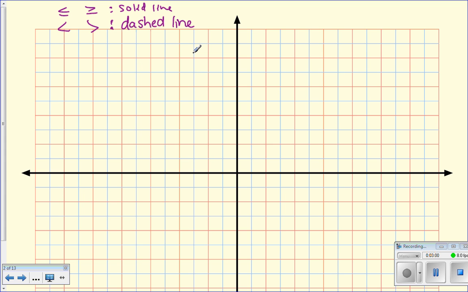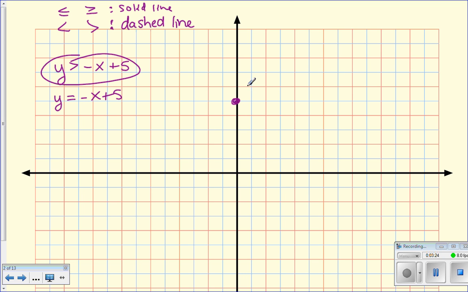Say that I wanted to graph the region y is greater than negative x plus 5. So this is what I want to graph. I'm going to treat it like y equals negative x plus 5, which has a y-intercept of 5: 1, 2, 3, 4, 5.